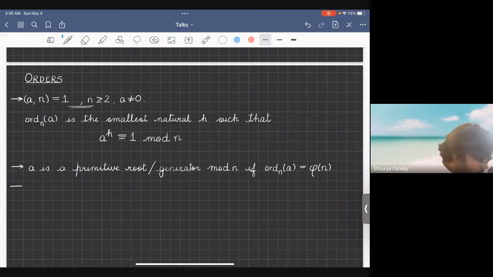And one theorem that we did not prove, but I just mentioned it, is this.